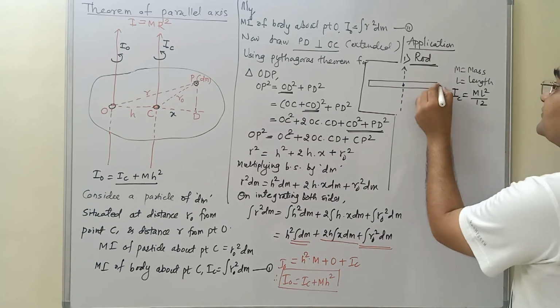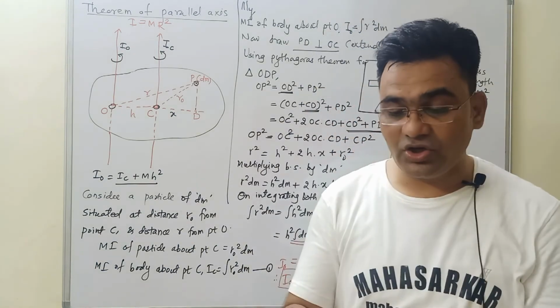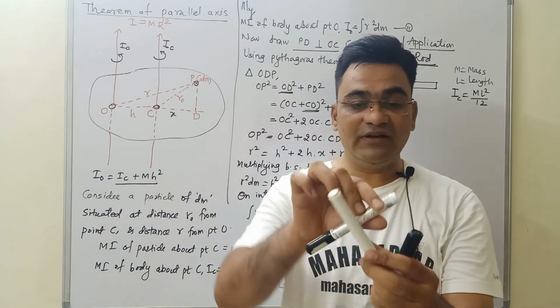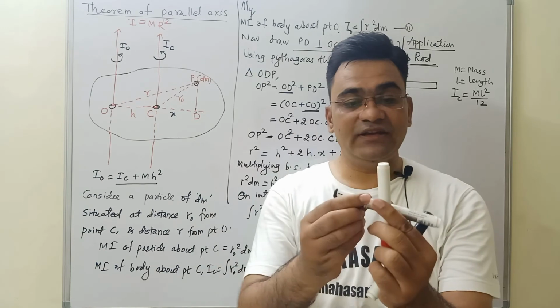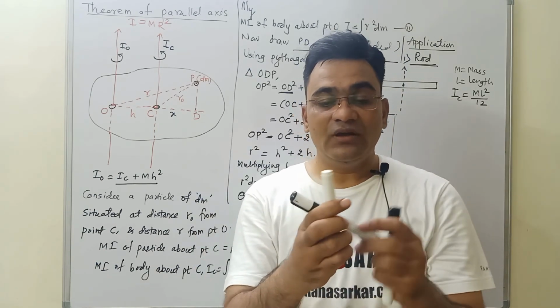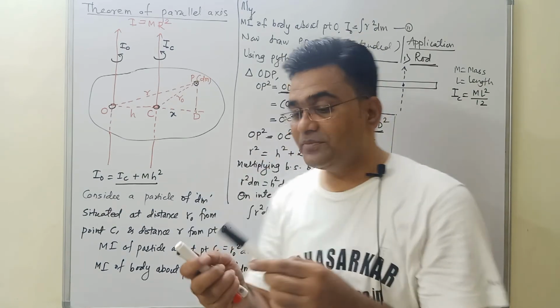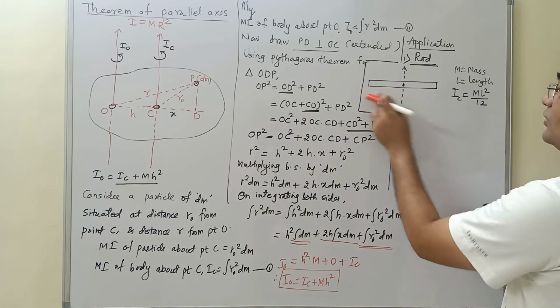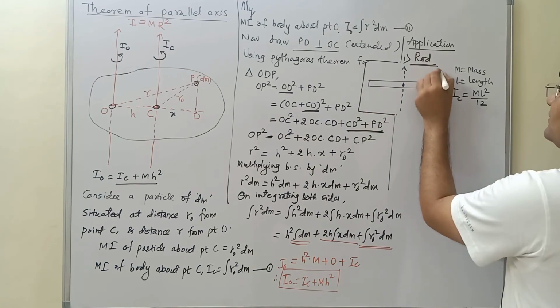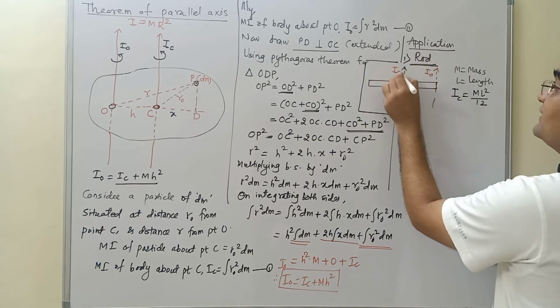Now suppose the same rod is rotated about its end. If this is the rod rotating about the center, then its moment of inertia is ML square by 12. Now if you want to find the moment of inertia about the end of that rod, say this axis is IO and this is IC.